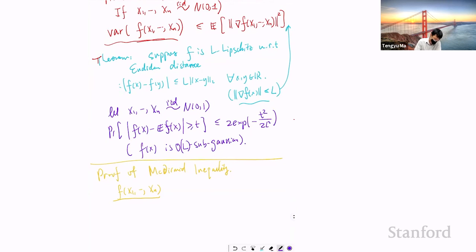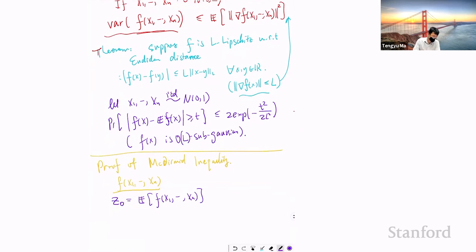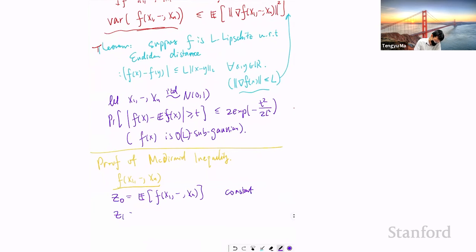You define a sequence of random variables. Define z0 to be the expectation of f of x1 up to xn. This is just a scalar, a constant. Then you define z1 to be the expectation of f of x1 up to xn, conditional on x1.